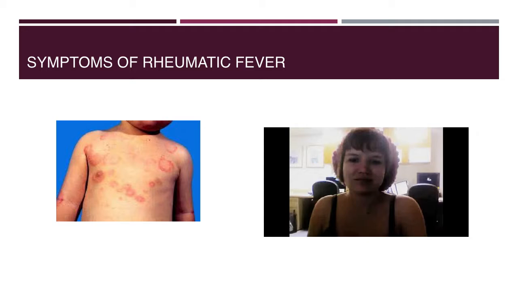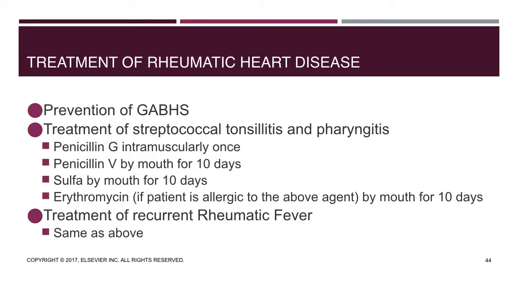So you get the idea of what the chorea looks like, and that's why they used to call it St. Vitus dance. The treatment for rheumatic heart disease is prevention of the group B strep pharyngitis, or the strep throat.